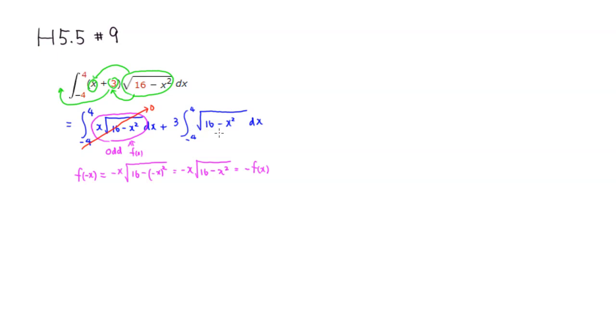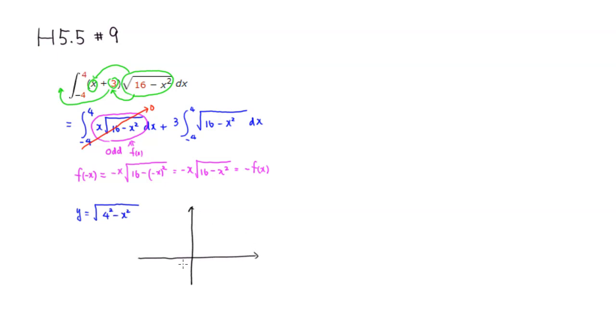And then the other one: if you look at y equals the square root of 16, which is 4 squared, minus x squared, and sketch the graph of this, it's just going to be a top semicircle with radius 4.